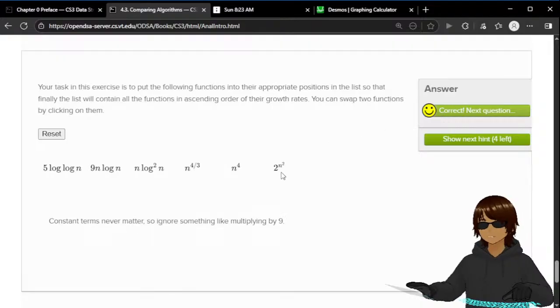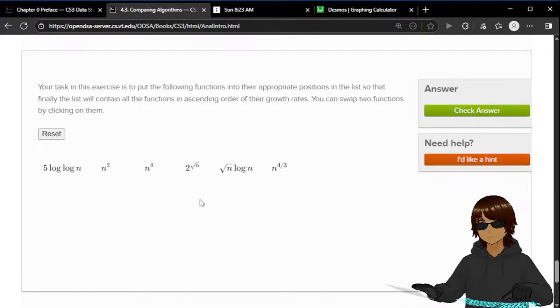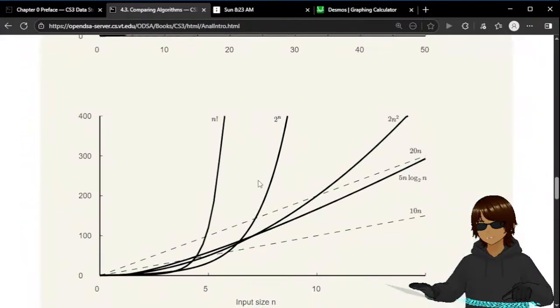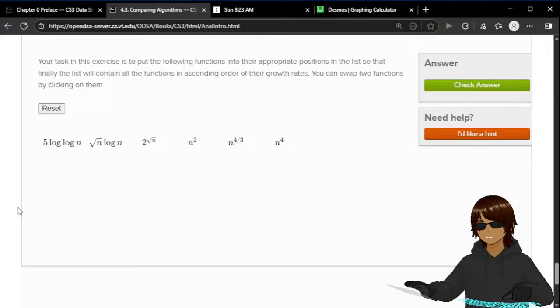Oh, so this grows much. How would I know? Is there a way to know? Is it the same? No, it's not the same. Root n, log. Let's put this here. Let's put 4 here. 4 over 3 is definitely smaller than this. n squared is definitely smaller. And then 2 to the power of root n, this will eventually grow bigger, right?